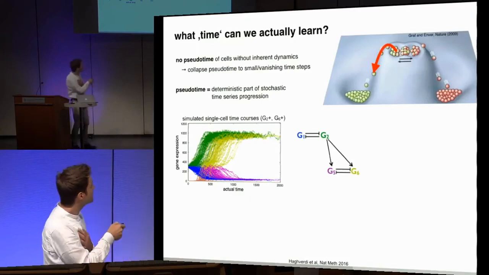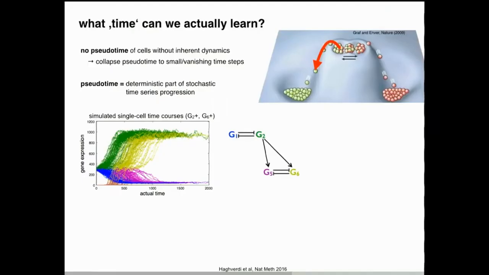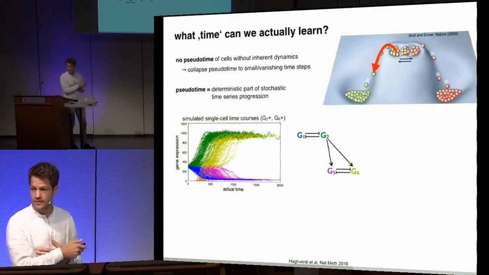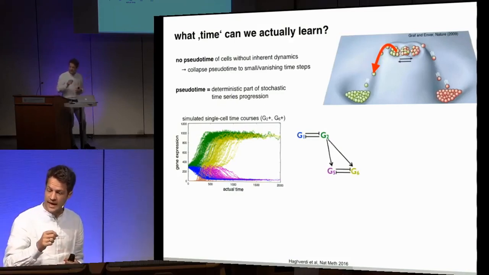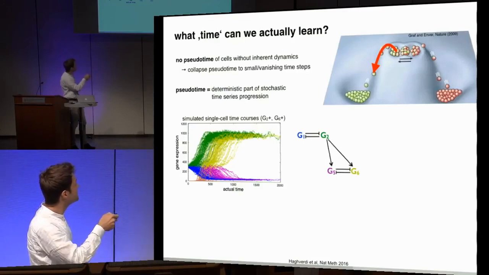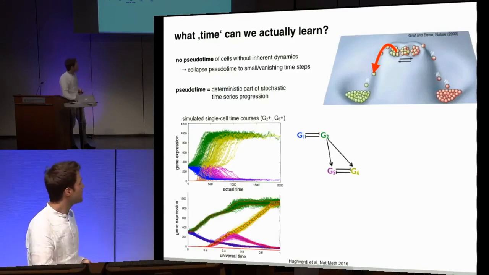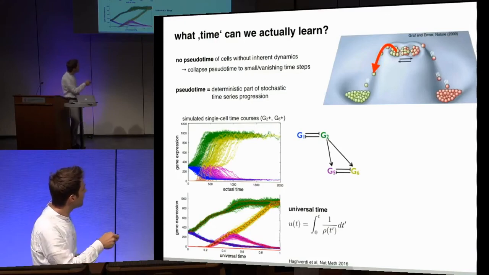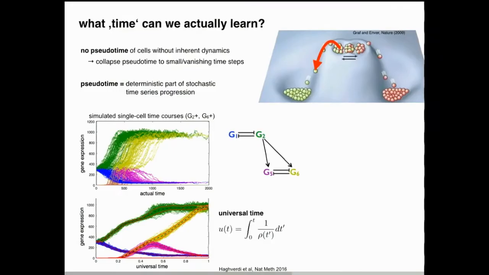And you see, because this battle here is purely stochastic, we cannot tell a priori at what time point this battle exits and starts going. So this actual real time, we will never be able to estimate from a snapshot like this. Instead, we have to average out this stochasticity and only learn this deterministic part rolling down. And mathematically, what you would do is normalize by the density of staying in this particular state.